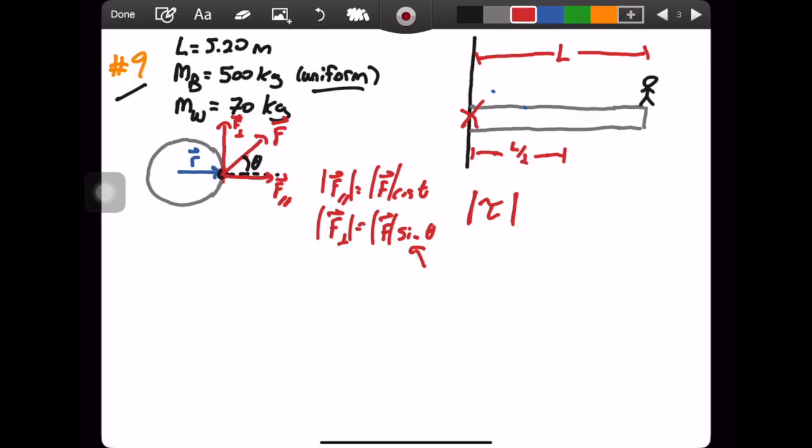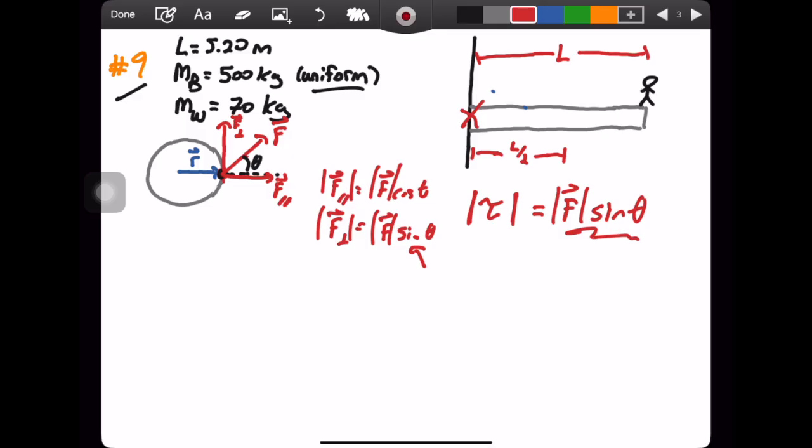And so the magnitude is going to be whatever the force's magnitude is, but then we have to multiply it by the sine of the angle between the force and the position vector, which is to say that we want the perpendicular component of the force, the component of the force that is perpendicular to the position vector.